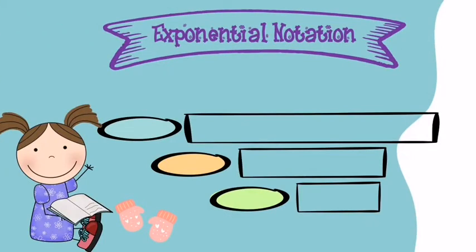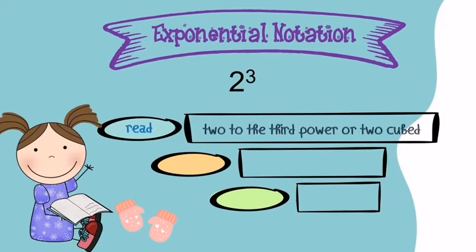Here is the recap of our previous lesson on exponential notation. And here, as you can see, is a notation which is read as 2 to the third power or 2 cubed. And as you can also see, it has an exponent of 3 and a base of 2.